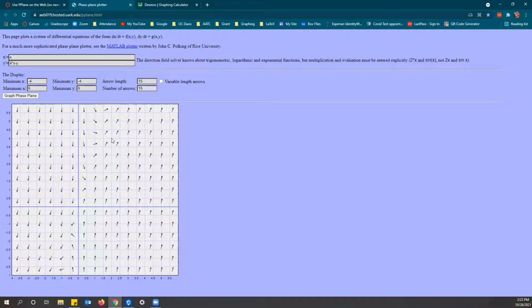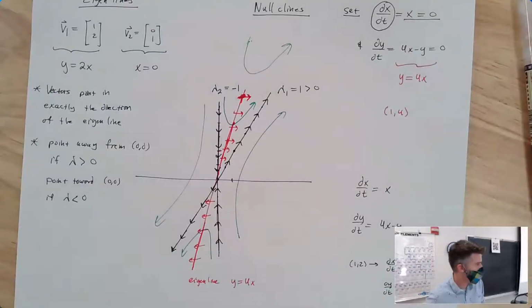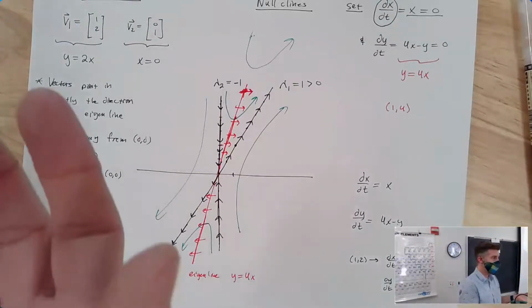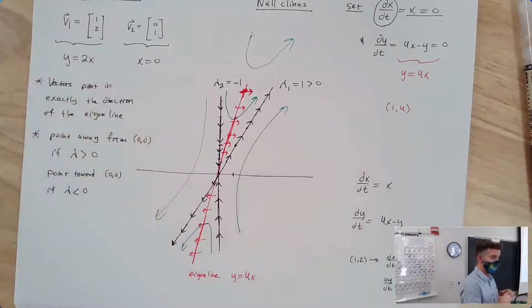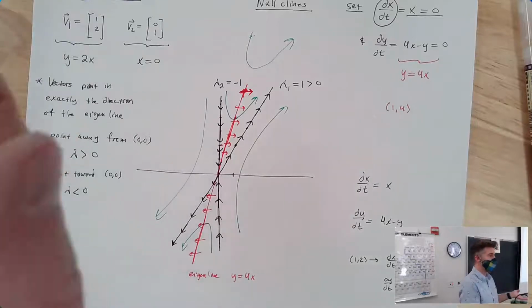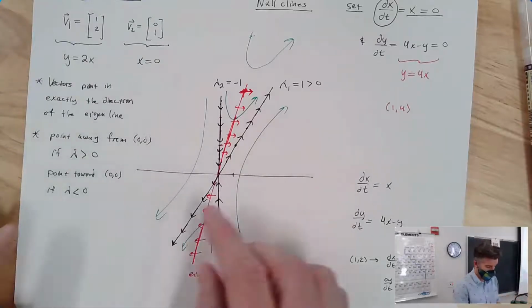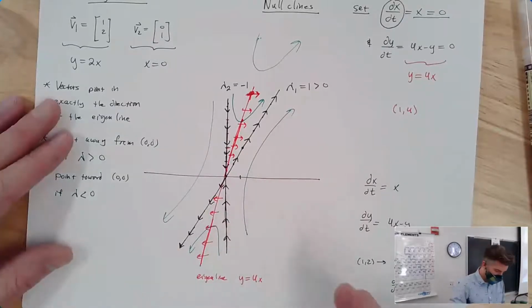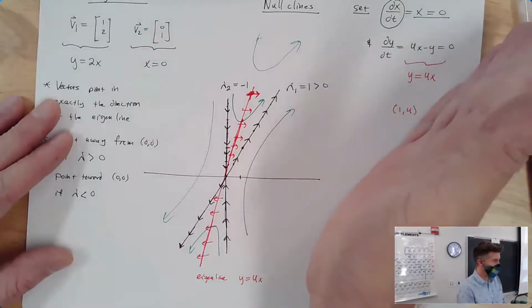What I should be saying here is that this system is a saddle. Last time we saw a stable node, also known as a sink. We also saw an unstable node, which is known as a source. And now we're seeing a saddle: from here we're going in and then getting pushed out.